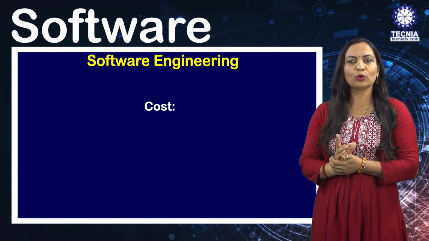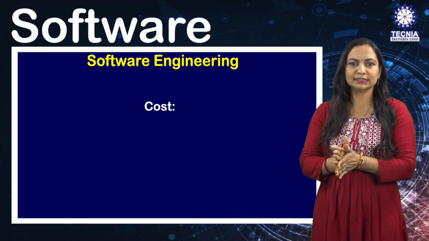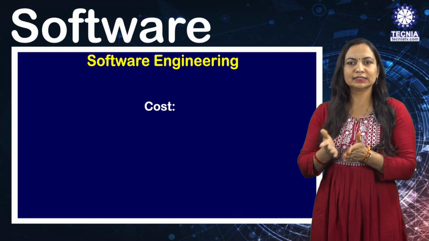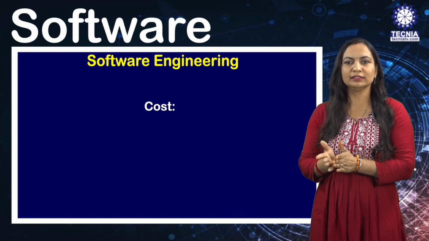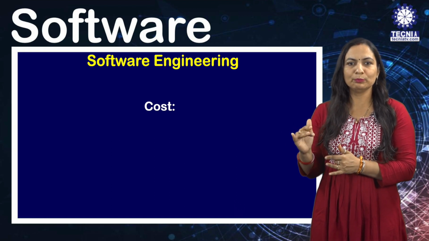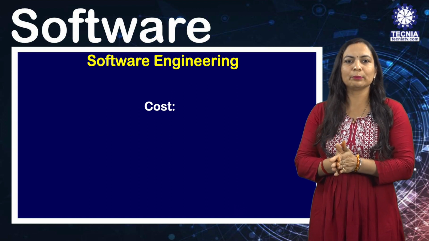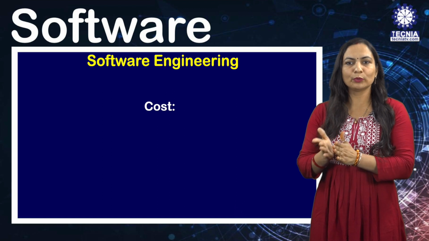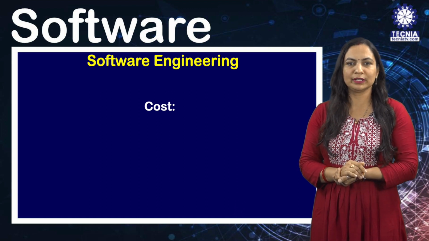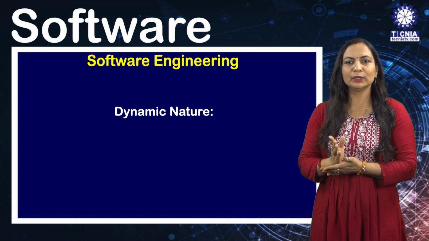And the next is cost. The hardware industry has to demonstrate its skills, and huge manufacturing has lowered the cost of computer and electronic hardware, but the cost of programming remains high if the proper process is not adopted. The next is dynamic nature.